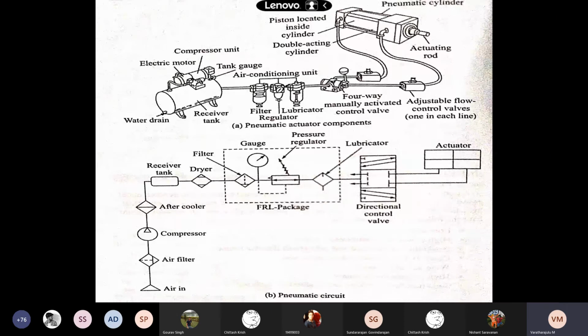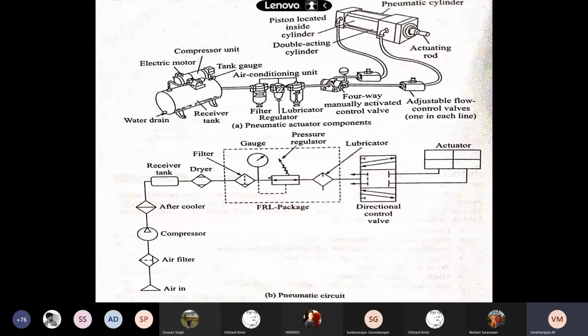Therefore, a large volume of compressed air is stored in a reservoir or tank. The reservoir is equipped with a pressure sensitive switch that activates the compressor when the pressure starts to fall below the desired level. And we have control valves and actuators, which act in much the same way as in a hydraulic system.